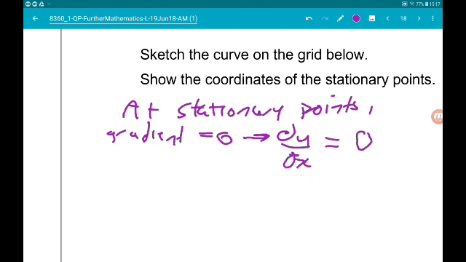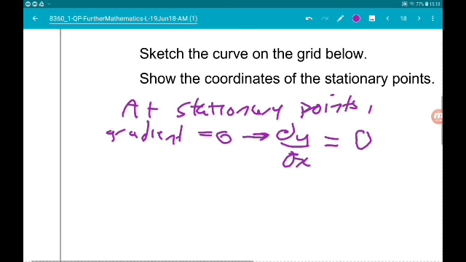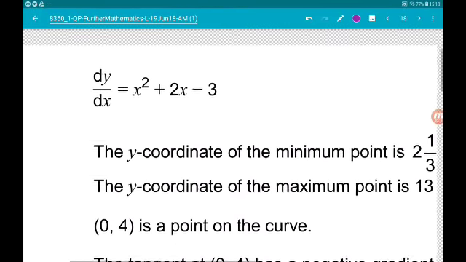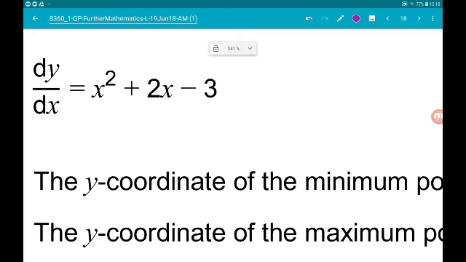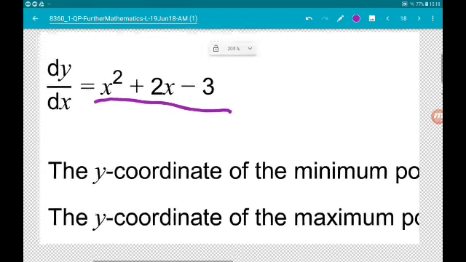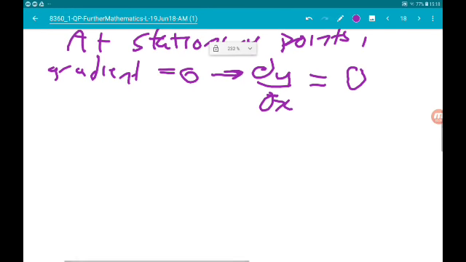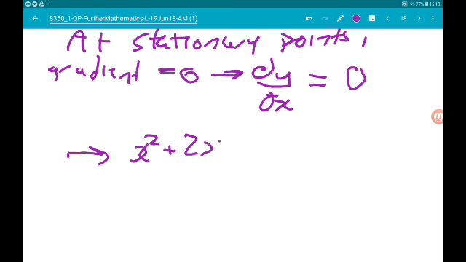So what we can do is find the x coordinates of the stationary points using dy by dx. So we know then that x squared add 2x minus 3 is equal to 0.